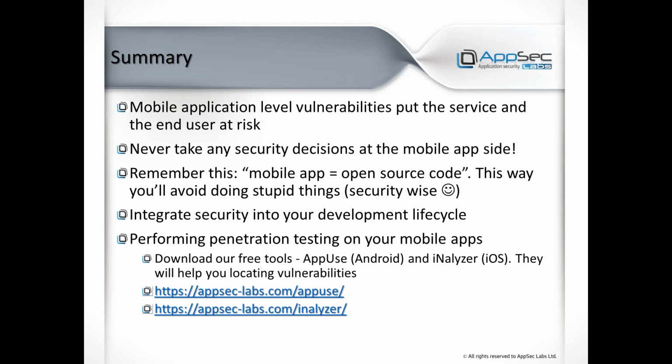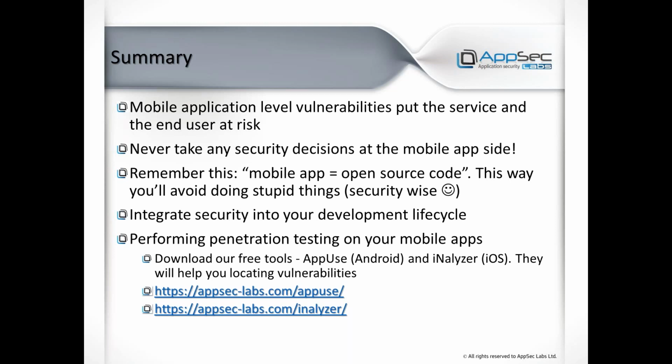We're also talking about the client and the server. In general, mobile application vulnerabilities put the whole system at risk. It puts the mobile app at risk, it puts the server side at risk, of course the end user, and of course the organization that is providing the mobile app service. So we need to make sure that everything is performed accordingly and we don't have any security vulnerabilities.